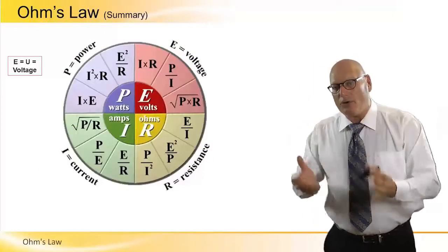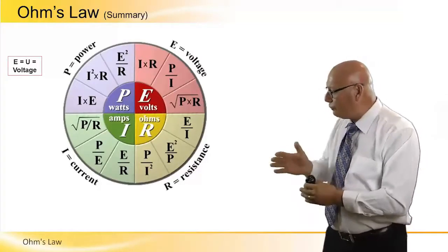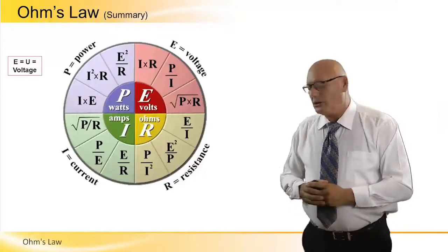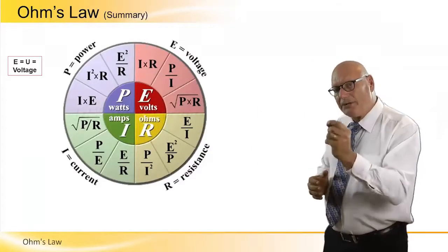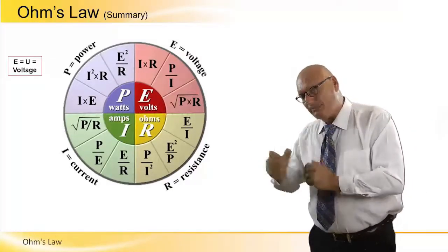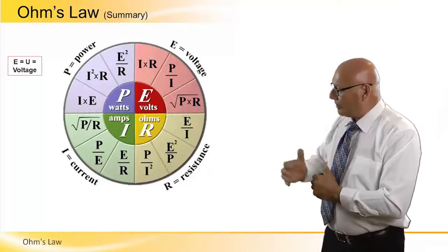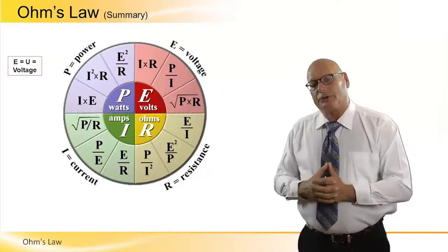And this is a summary of Ohm's law. We have a circle here divided into 4 quadrants. The voltage quadrant, E, by the way, is the same as U, same as V. We have a quadrant for the power, a quadrant for the current, and a quadrant for the resistance.